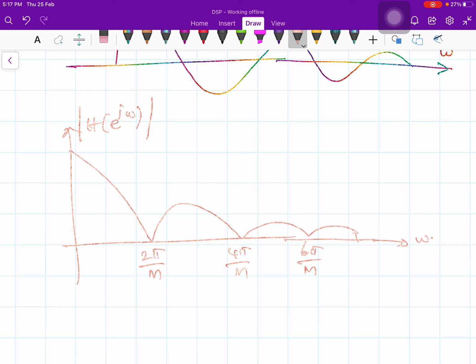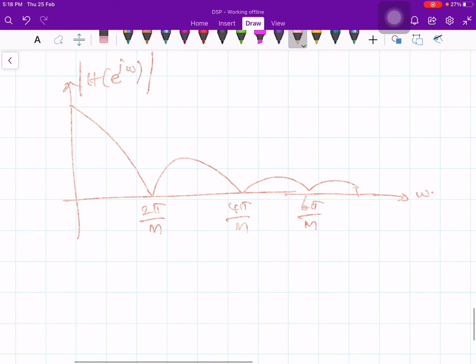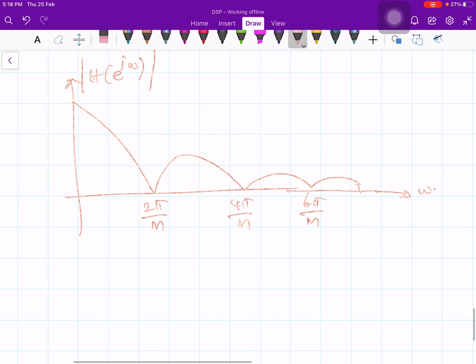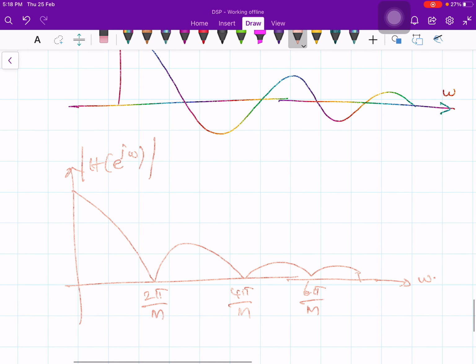At every such transition, the phase will change by pi. So if you take the magnitude, the negative half, where is the negative half? This one. The negative half will flip over to the positive. So the magnitude plot will be like this. This is the magnitude plot.